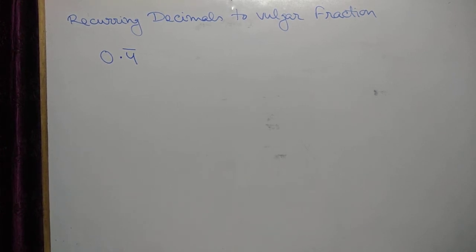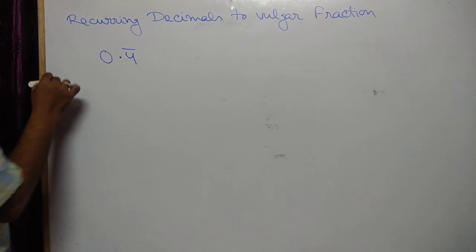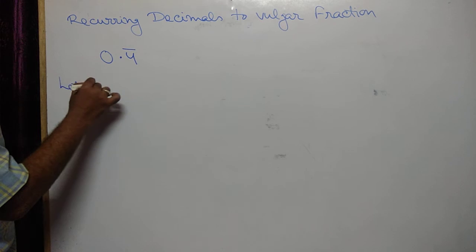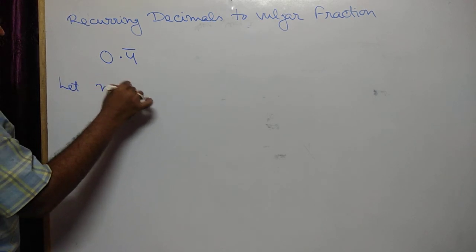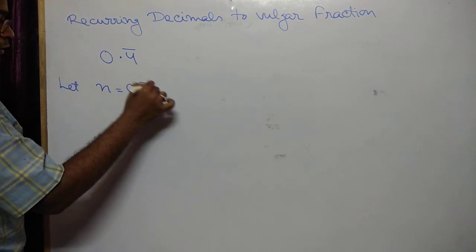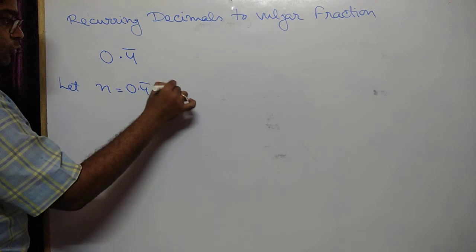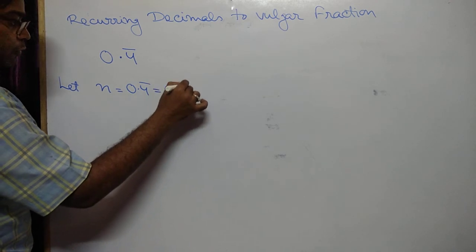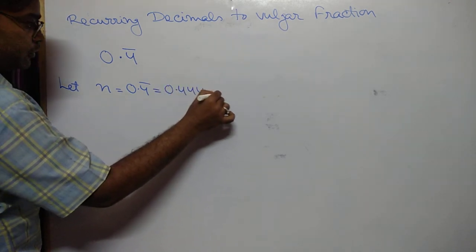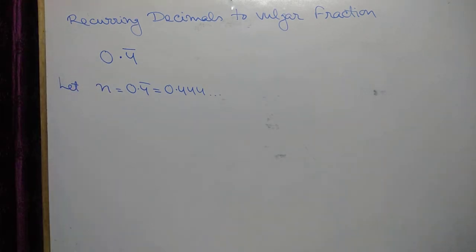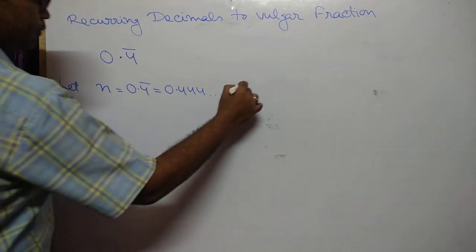How we convert? So first, suppose let n equal 0.4 bar, or we can write 0.444 repeating times. So this is your equation 1.